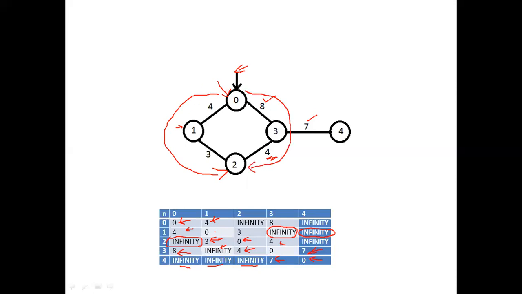Now if two possible paths are there, my Dijkstra algorithm should transmit data through the less weighted path. Here, the weight cost of 4 and 3 will become 7. If I proceed with the data transmission from 0 to 3, 3 to 2, its weight cost becomes 12. Now if I compare these two weight costs, 12 is greater than 7. That's why the algorithm will decide this is the shortest path.